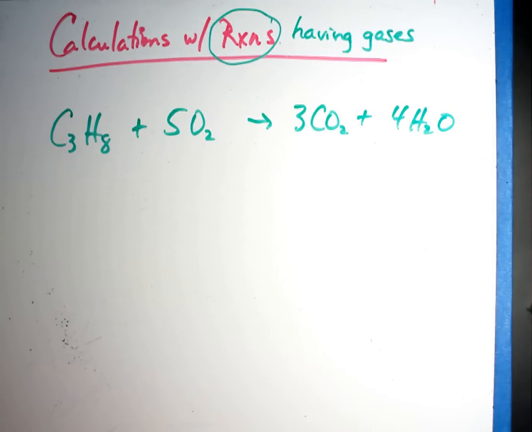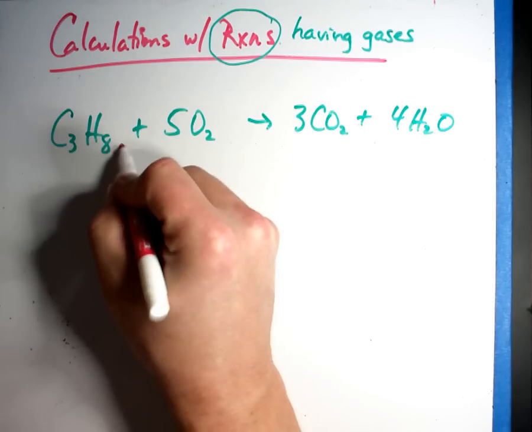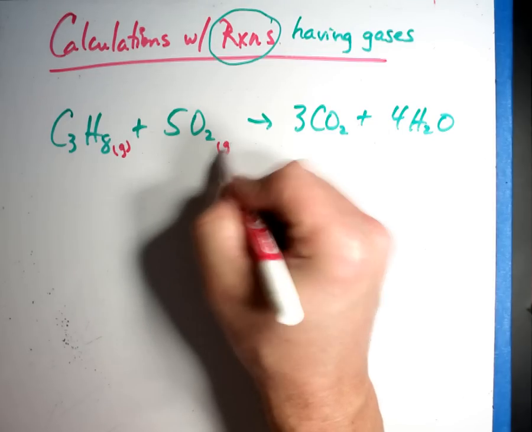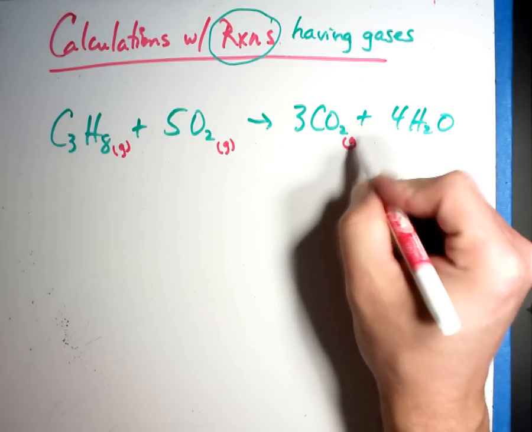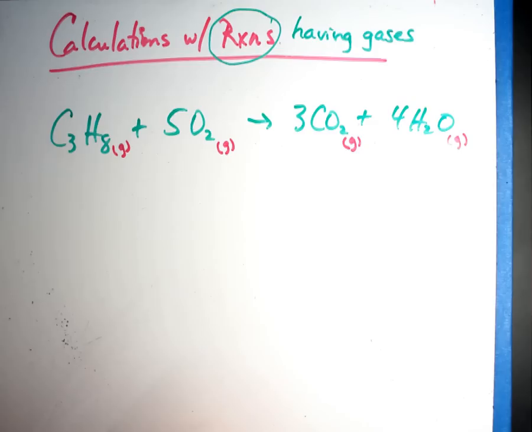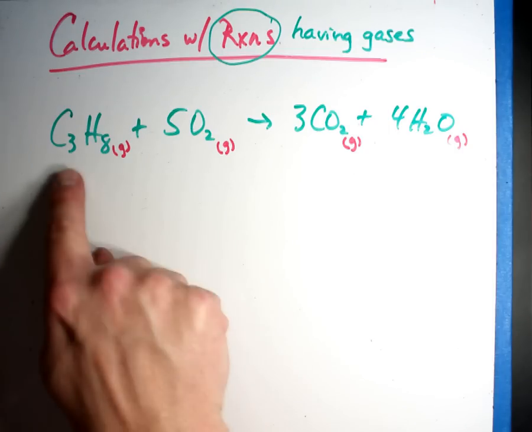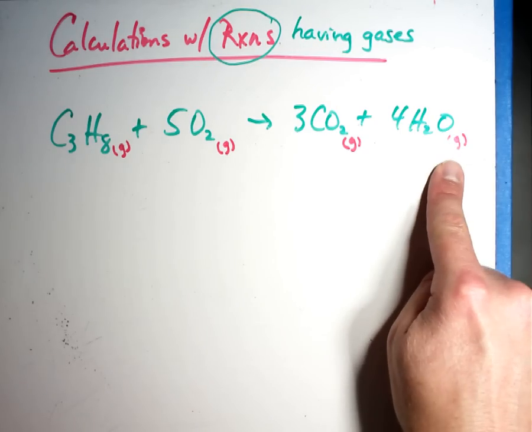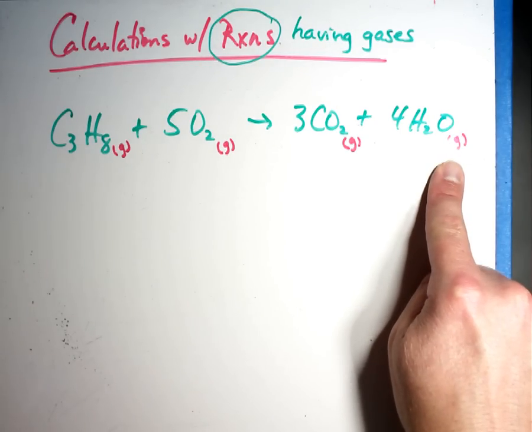In this case, every single one of them is a gas. And if you remember back, there was a time in which we used to put the phases in there, and this is sort of why we do it, because at this point we now can work the problem. In this case, you're talking about propane gas, and this is a combustion reaction, and you know how to balance this. You've done it before.